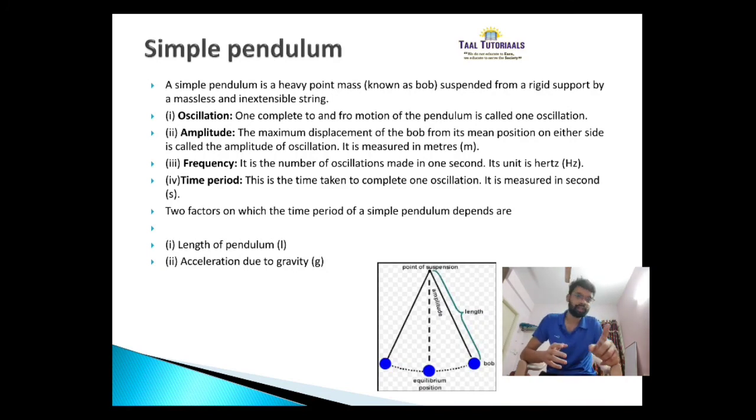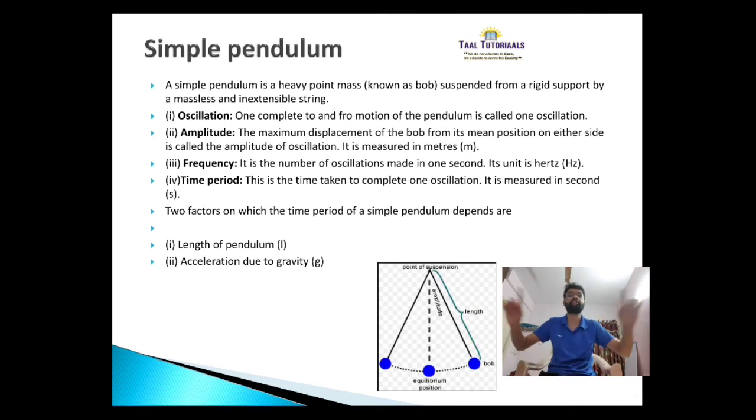I'll give this answer after completing this slide. Oscillation: one complete to and fro motion of the bob from its mean position, that is the middle position, and back, is known as an oscillation.